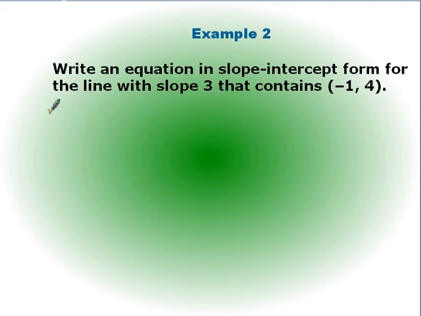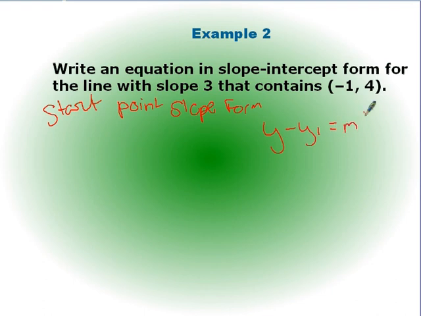Okay, so let's start this problem filling it out in the point slope form. Remember that's y minus y1 equals m times x minus x1. Here's our slope, this is m. There's our x coordinate, so we're going to call that x1.